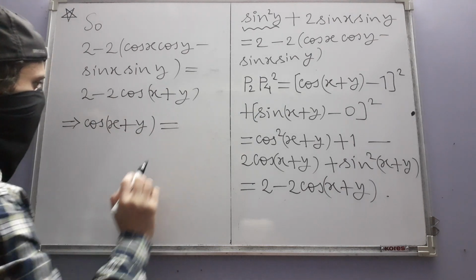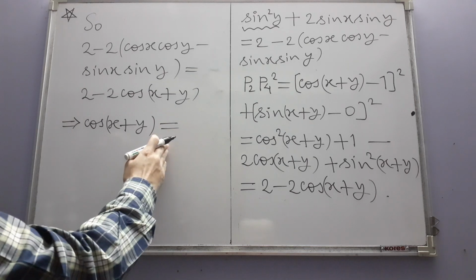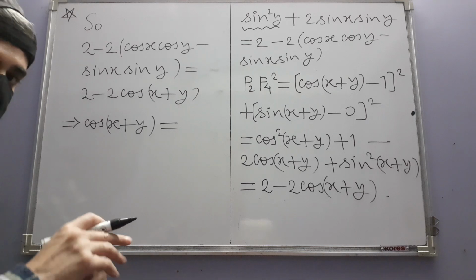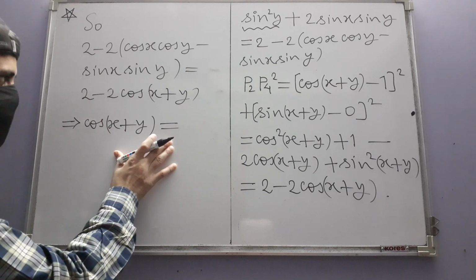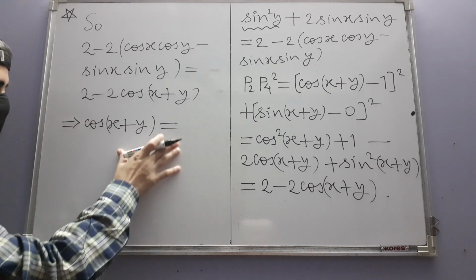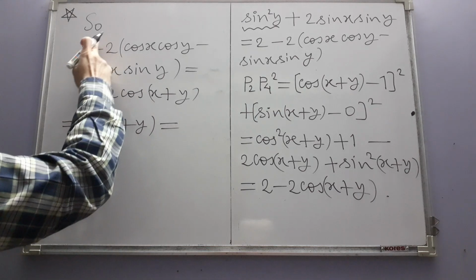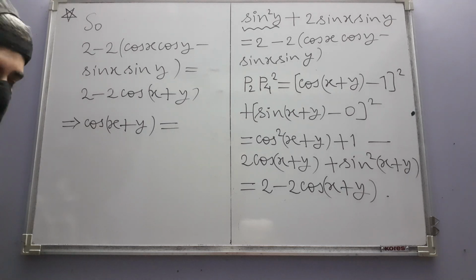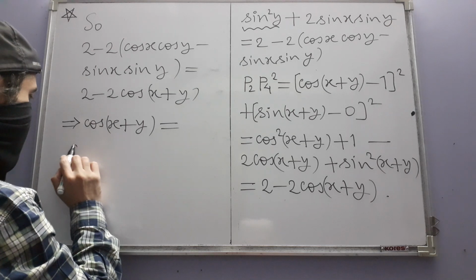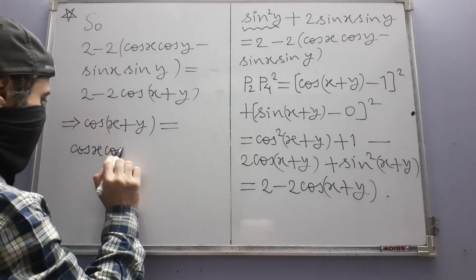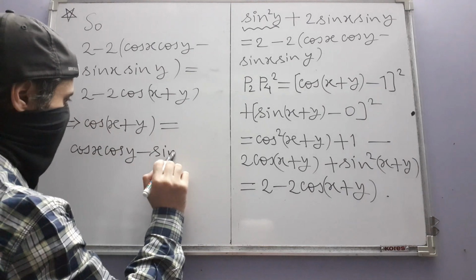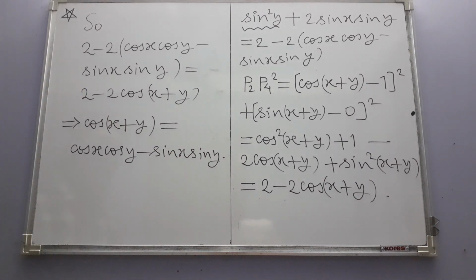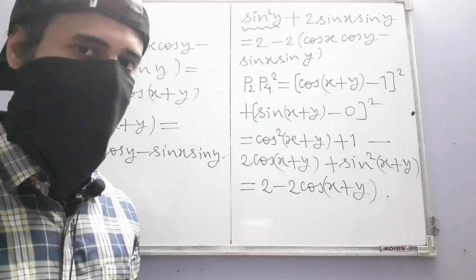I mean, having gone through school algebra so much, it's okay if I skip these steps. It's also okay if you skip these steps. But if you want and you have some confusion, you can write the intermediate steps. That first you cancel 2 from both sides and then you divide both sides by -2. So those things you can do. So that's how we have proved this identity. And this identity is true for any real numbers x and y.